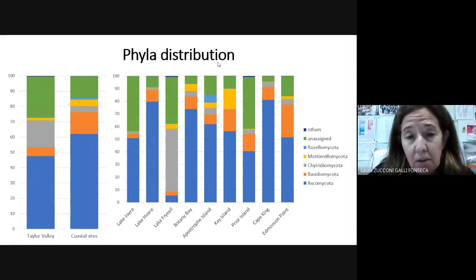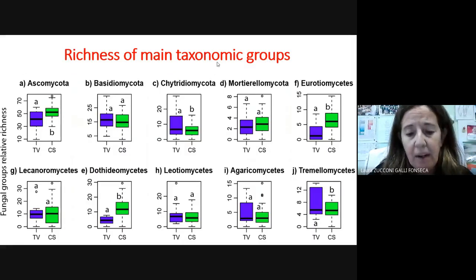Anyway, some taxonomic differences are present between these 2 different environments.